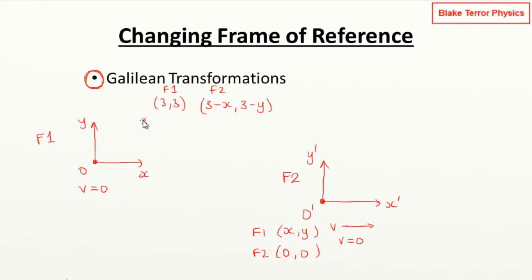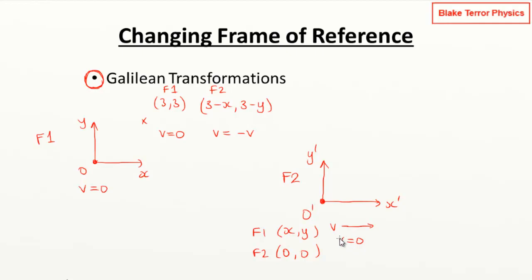So this point here, which was stationary in frame of reference 1, will now be moving at minus v, as in the opposite x direction, the negative x direction, in frame of reference 2. So you can see why these are considered to be more common sense and easier transformations, because we're just subtracting these values. We're subtracting the new position of the origin, and we're subtracting this velocity.